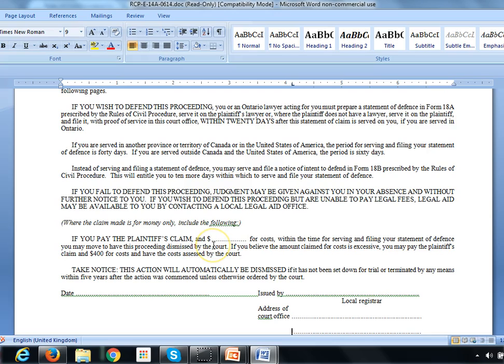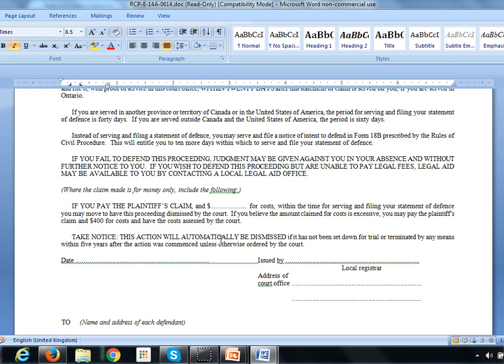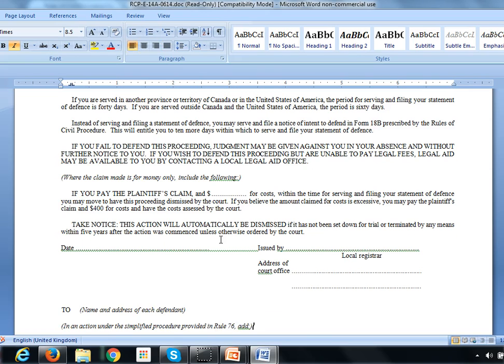This is the amount that, if the defendant is unwilling to fight and believes that he, in this case John Smith, owes the money as claimed, then he can pay, $100,000, and then some amount for the cost. This is the cost of preparing the claim, so you can put down a dollar amount, and this is only if the defendant is willing to pay what the plaintiff is claiming. In most cases, the defendant will at least fight or negotiate with the plaintiff.